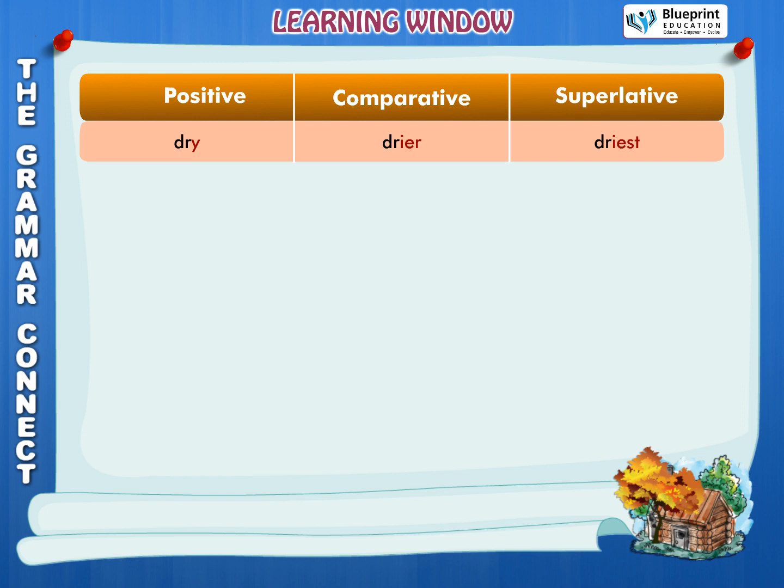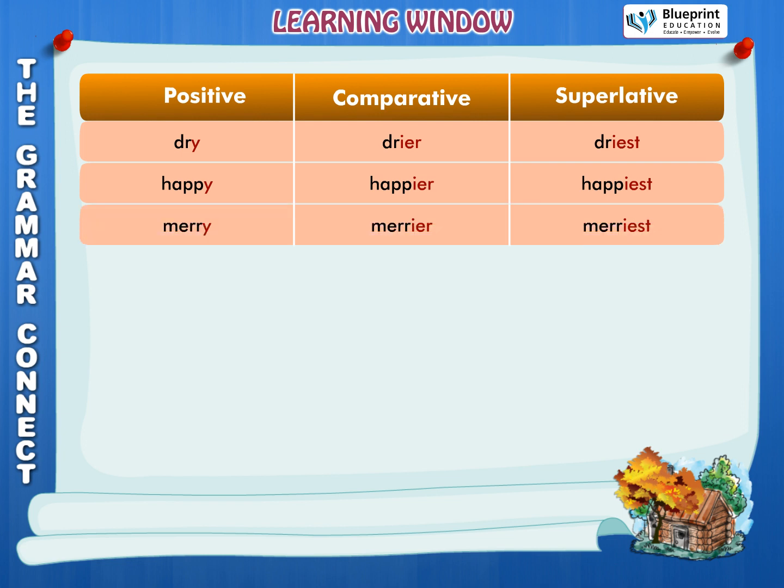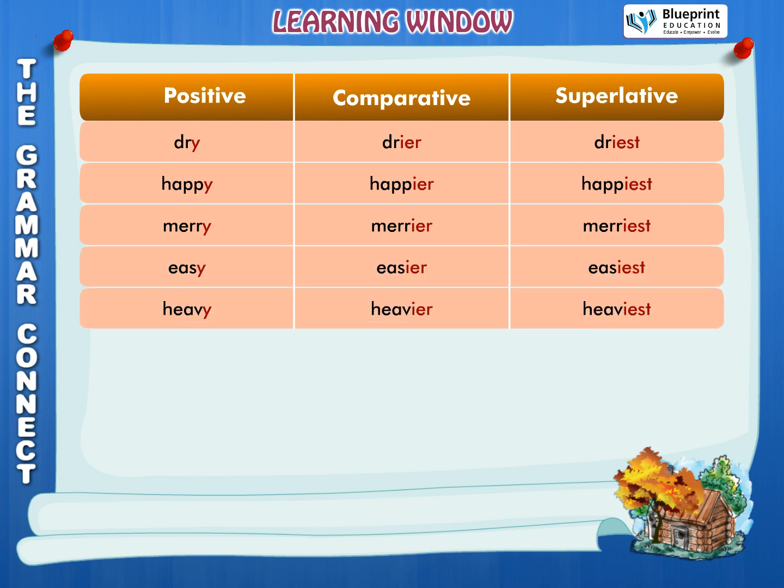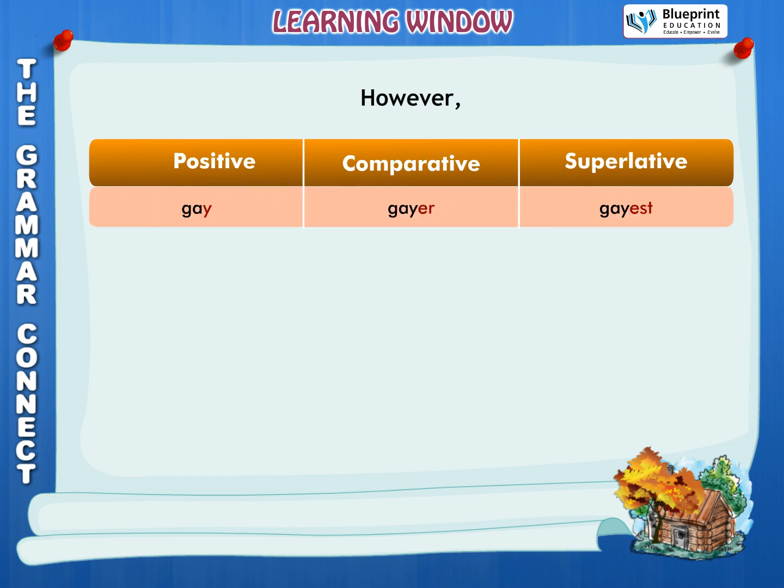Comparative, drier. Superlative, driest. Happy, happier, happiest. Merry, merrier, merriest. Easy, easier, easiest. Heavy, heavier, heaviest. Lazy, lazier, laziest. However, gay, gayer, gayest.